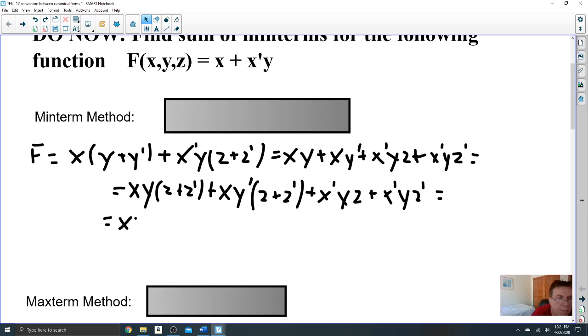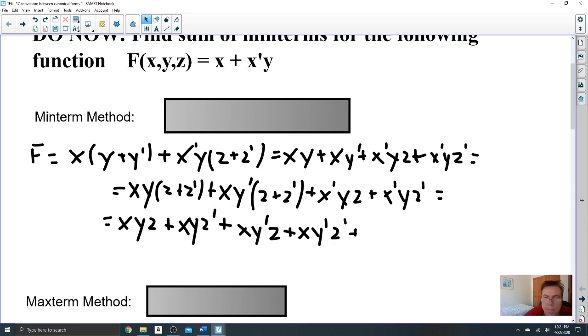So it's x, y, z plus x, y, z prime. We'll do the same with the second, x prime y, x, y prime z. I'm copying term number 3 and term number 4. Okay, so now it looks like all the terms are minterms.